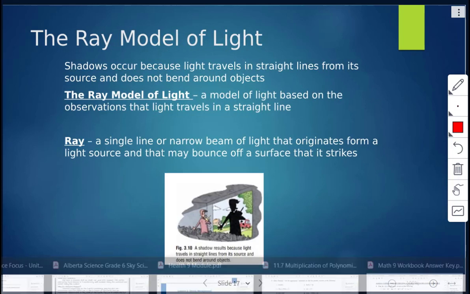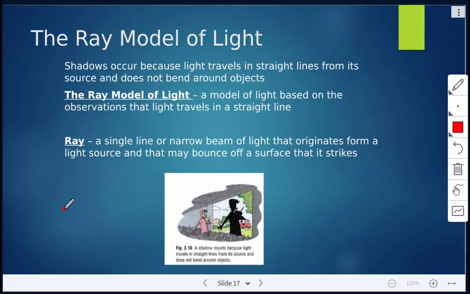All right, so the next thing we're looking at here is the ray model of light. The ray model of light is a model based on the observations that light travels in a straight line. So a straight line is how we're going to model how light is traveling.